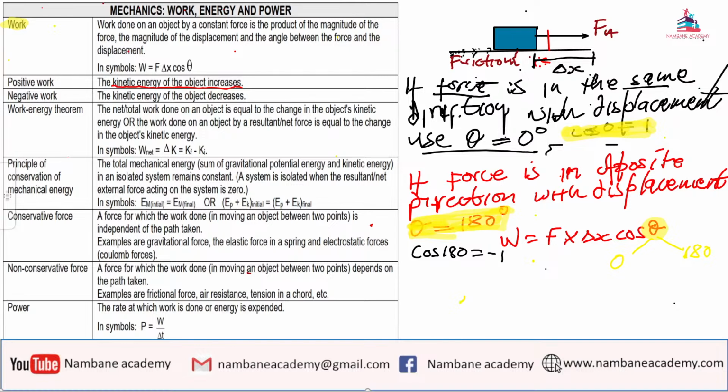So if motion is reduced, it basically says the kinetic energy of the object is decreasing. That is very, very important. So the case of positive work and negative work is influenced by the angle that is applied parallel to the surface, either 0 or 180 degrees. When this is explained, let's move now to the work energy theorem.